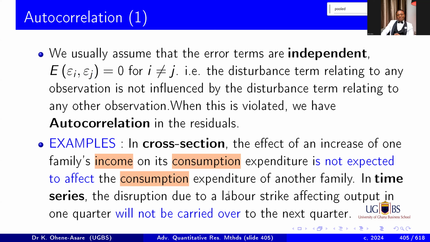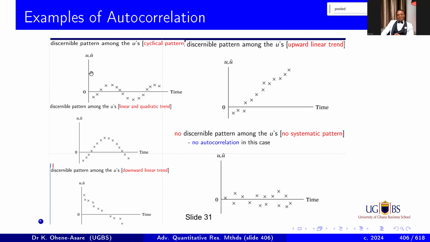It can carry forward. And that, ladies and gentlemen, is the practical meaning of autocorrelation, both cross-sectional and time series. Let's take a practical graphical example. If you look at the first one, there is a clear pattern among the errors.